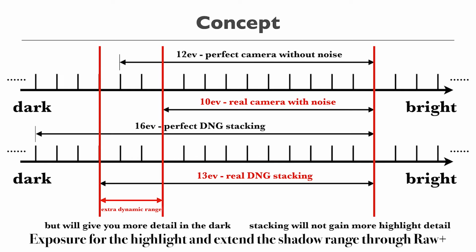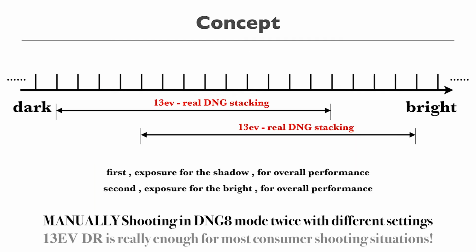To do that, in the former slides I explained to you the science behind the DNG8 and Raw Plus. And if you want to combine the DNG8 and AEB, you can do it like this. The first exposure is for the shadow, which means you will get a very good dynamic range, but at the same time, you might have lost some detail in the bright areas.